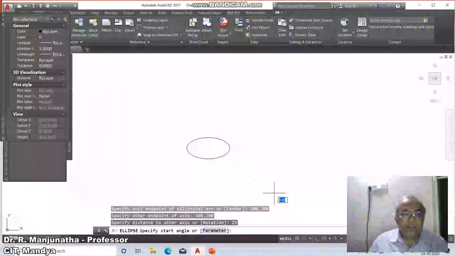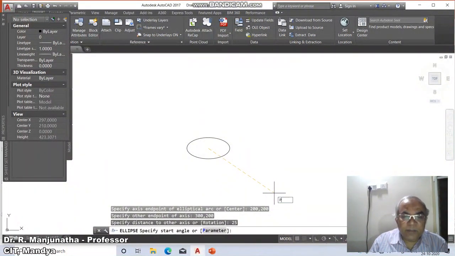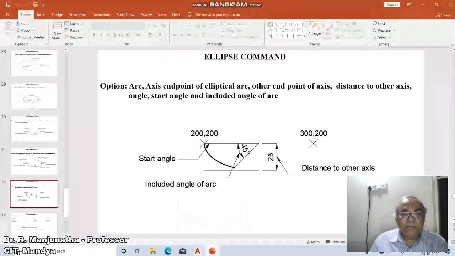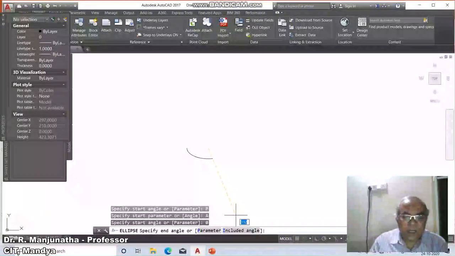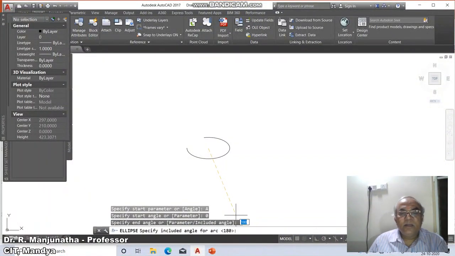Then specify start angle. Now we'll go for the parameter, then angle. I will take angle A. Specify start angle: start angle as 0. Then for the included angle, I will say the included angle is 180 degrees.